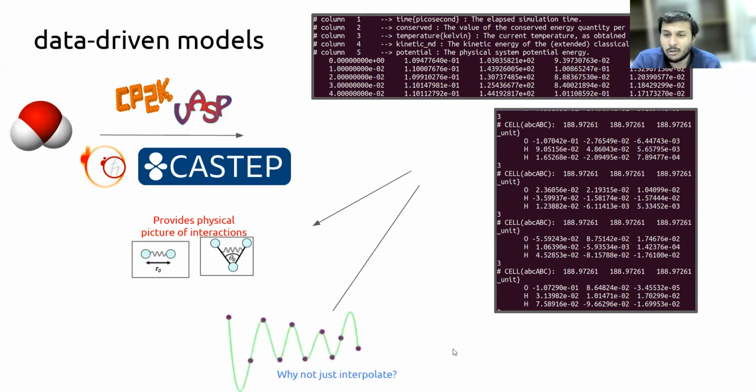So the other thing that you can do is go for a more agnostic approach, where you say, well, my first principle method is already a bit of a black box. At the end, for every configuration, I get an energy and a force, and I don't really know what's happening. You might know the equations of quantum mechanics, but you don't really know what exactly is the functional form being used, right? So why not just treat this as data and try to use a purely inductive approach, where you say, well, I've got a bunch of data points.